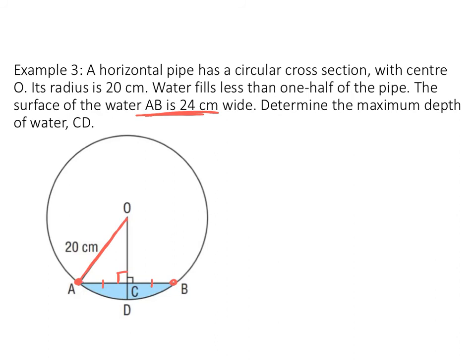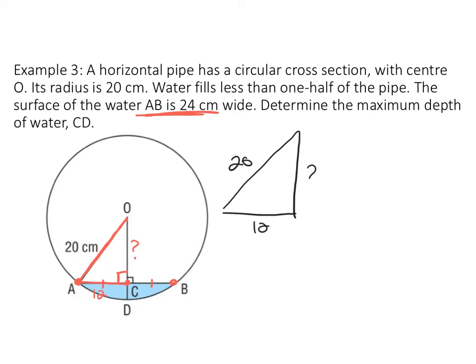So I know that A to C is half of 24, or 12. I know two sides, I can find the other side. So I'm just going to sketch that out over here. So I know 20, I know 12.